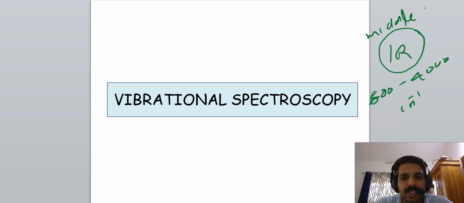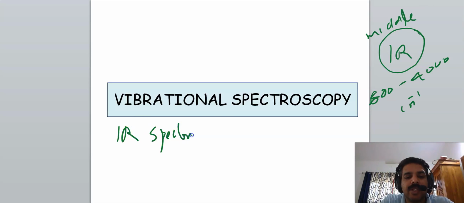Vibrational spectroscopy is also known as IR spectroscopy because we are using middle IR radiation ranging from 600 to 4000 centimeter inverse.